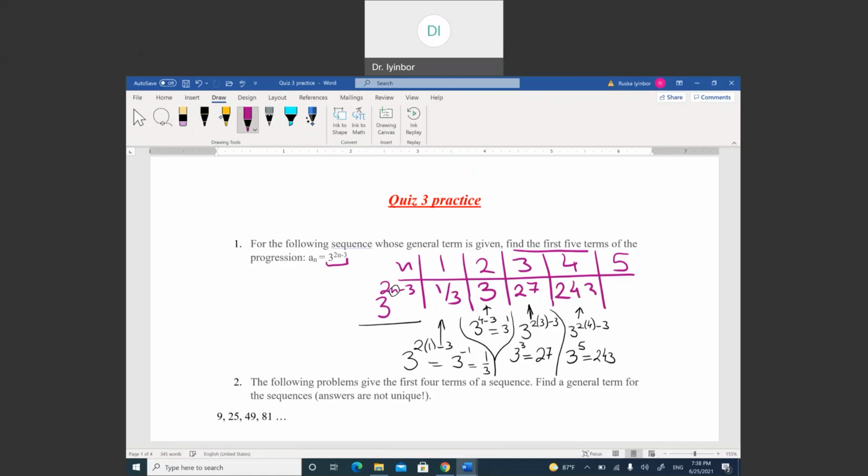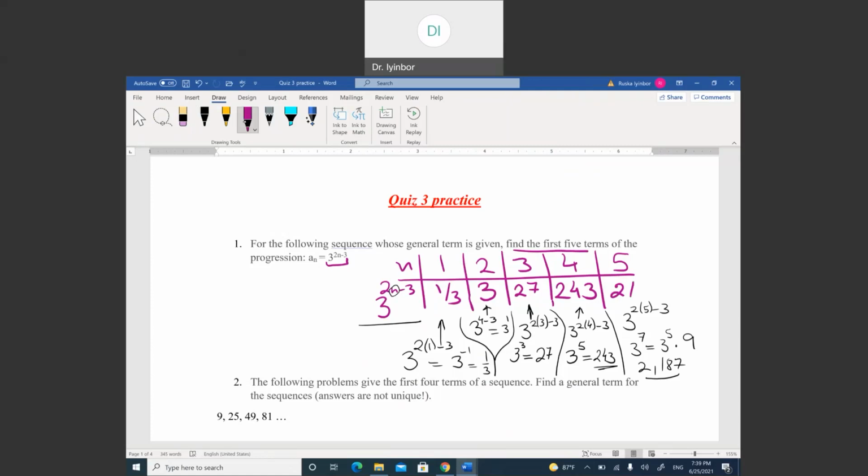And then we have one more term to calculate. So we have 3 with exponent 2 times 5 minus 3. 10 minus 3 is 7. So I have 3 to the 7th power. This is how I'm doing it easier: 3 to the 5th times 3 squared, which is 9. So I have to multiply the previous number by 9. So when I multiply by 9, I'm going to get 2187. So that's my next term.